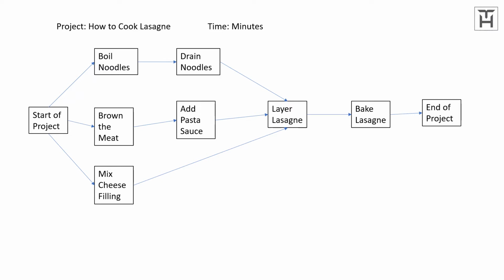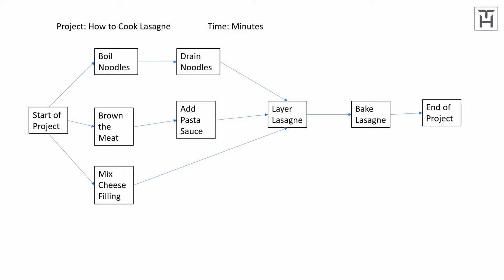And there's some tasks that are dependent on other tasks, such as draining the noodles in the top line. You can't drain the noodles until you've boiled them. So that's reliant on you actually boiling the noodles. And you can't layer the lasagna until you've cooked and drained the noodles and browned the meat and mixed the cheese sauce.